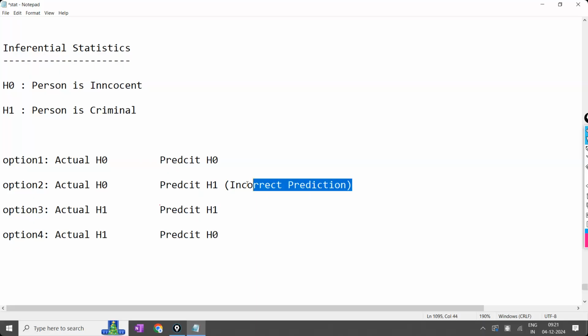This is also called an incorrect prediction. These are the total 4 options: actual H0, predicted H0; actual H1, predicted H1; actual H1, predicted H0. Out of these, 2 are correct and 2 are incorrect predictions.